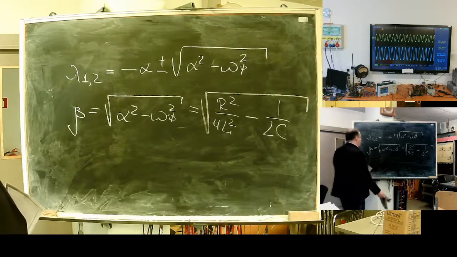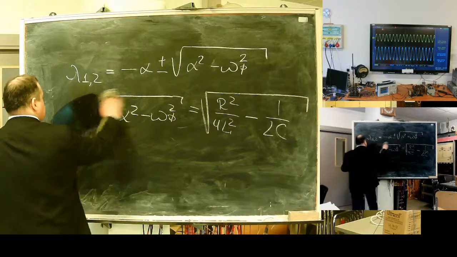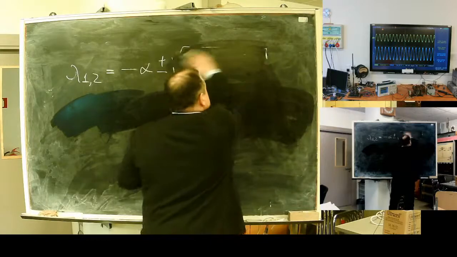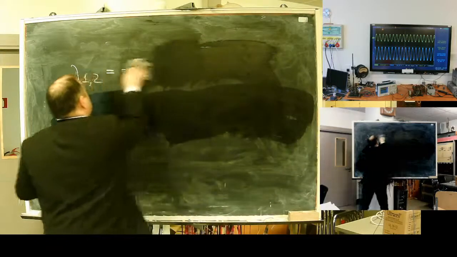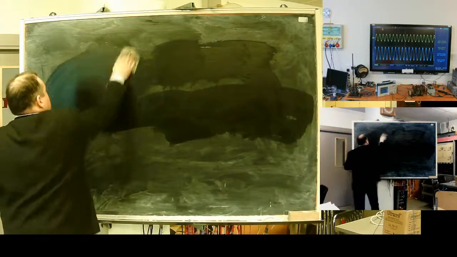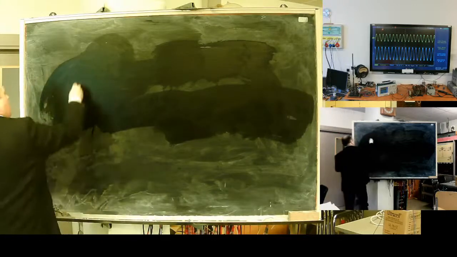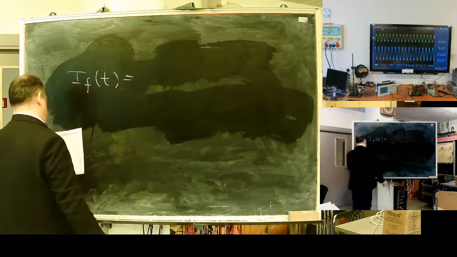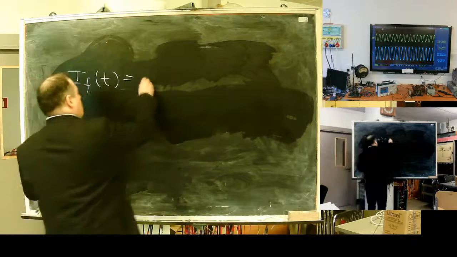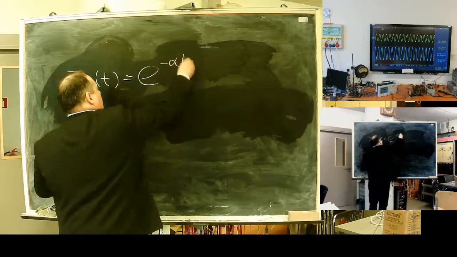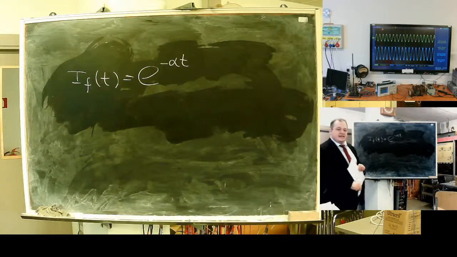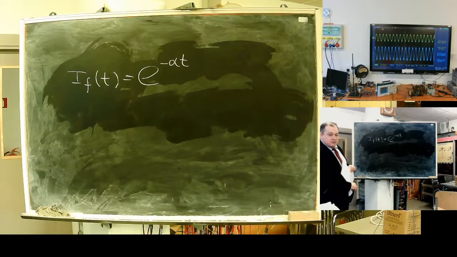So the free component will be decaying. The process is decaying because we have a dissipative network.